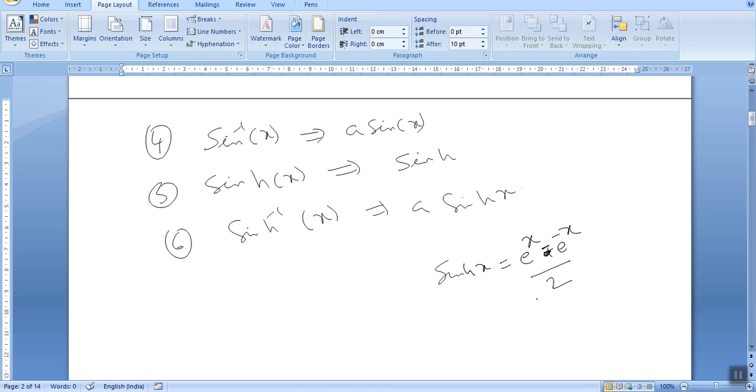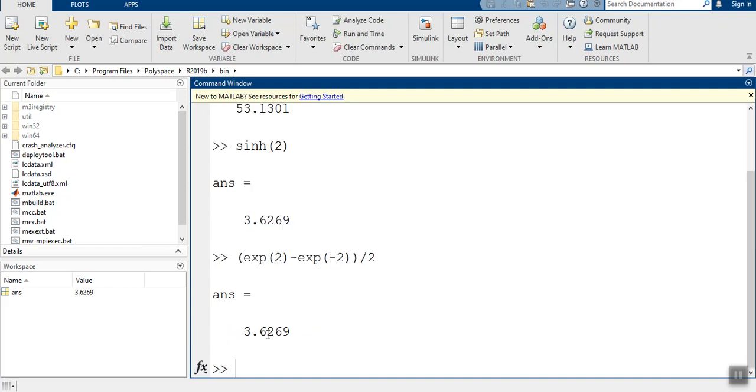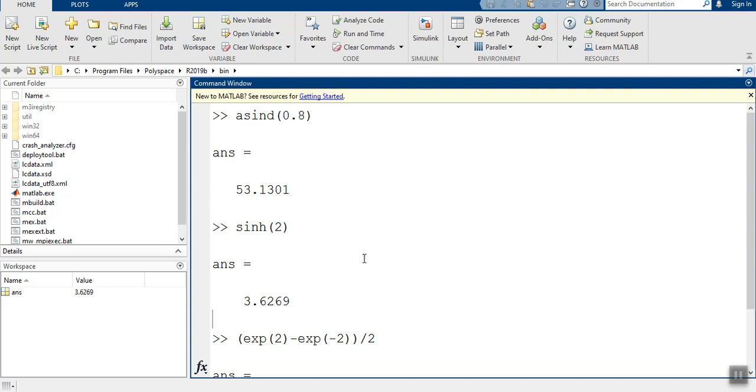We will verify just for understanding. exp of 2 minus exp of minus 2, divided by 2. So you will get the same value, 3.6269. So this is nothing but the sine hyperbolic function.